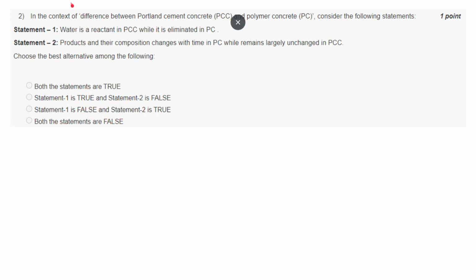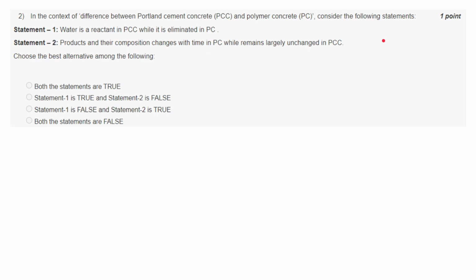So we all know that in case of Portland cement concrete, water is a reactant, while in case of polymer concrete, the water is eliminated. So one is true. But if you see the second statement, if you remember, in polymer concrete the products and their composition remain constant with time. It does not change. So it is false.